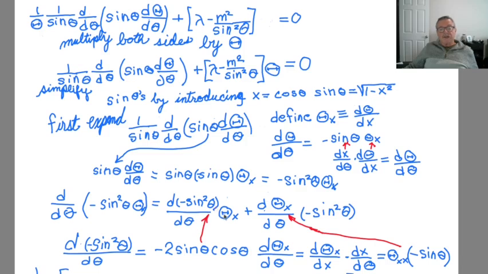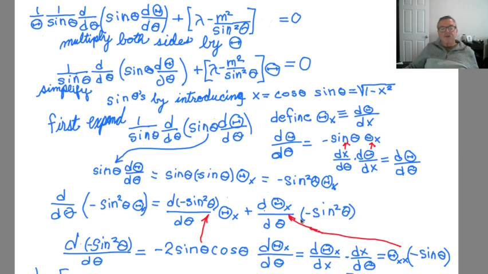It's a product, so we've got to break it up into two pieces, plus the first derivative of theta x, which is the first derivative of x. So this is going to end up being a second derivative, second order derivative with respect to theta, and then the minus sine squared is out here.